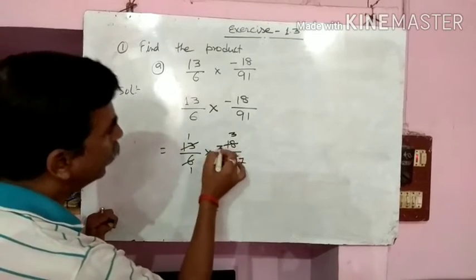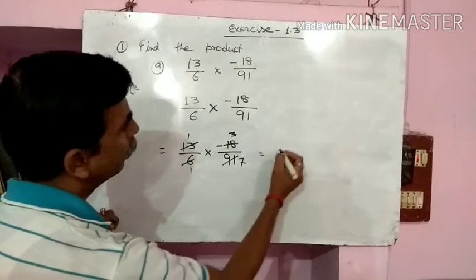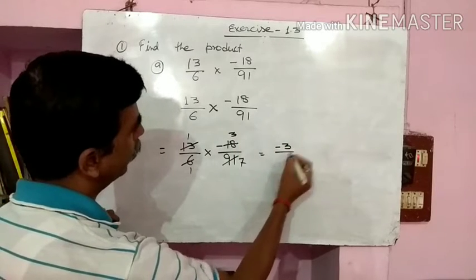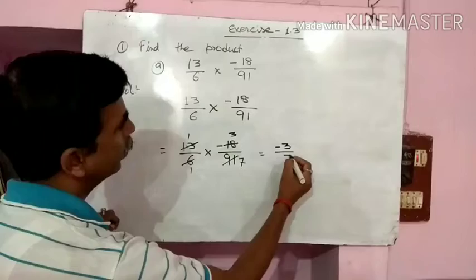Then 1 into minus 1 minus 3 becomes minus 3 by 7 into 1 is 7.